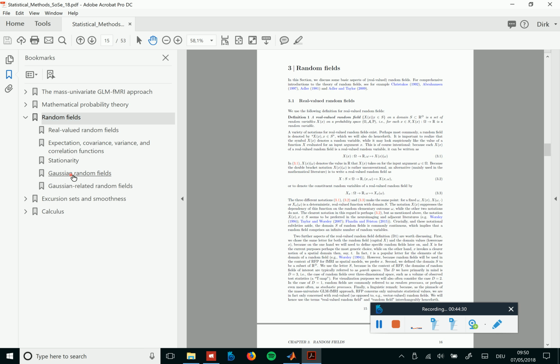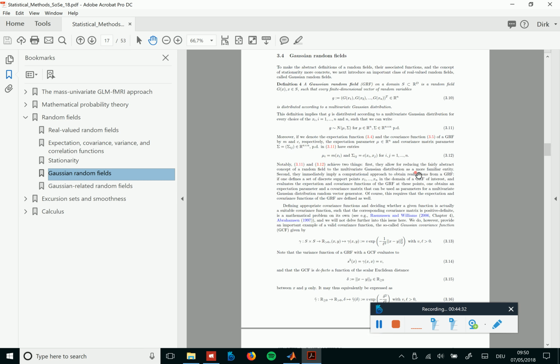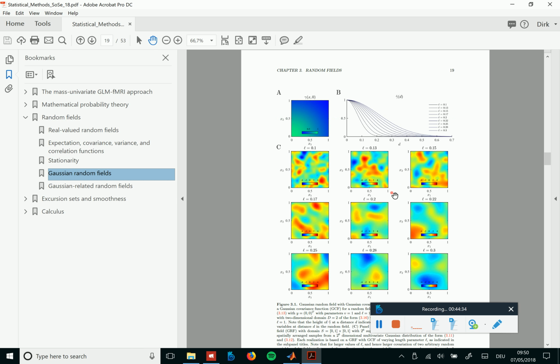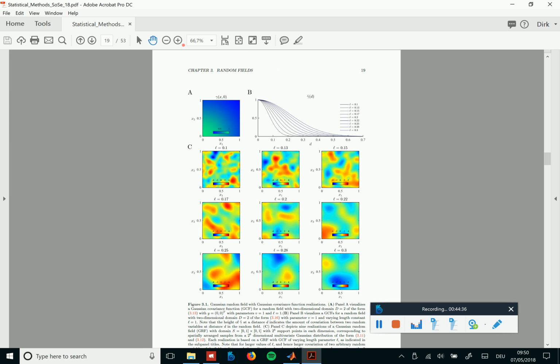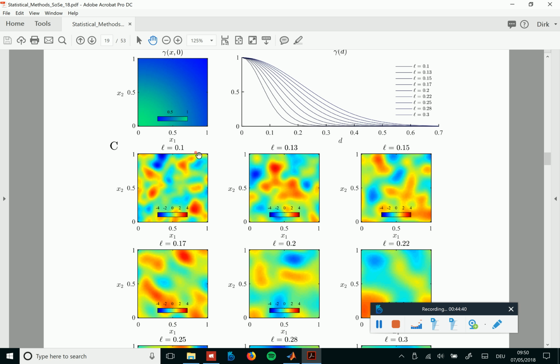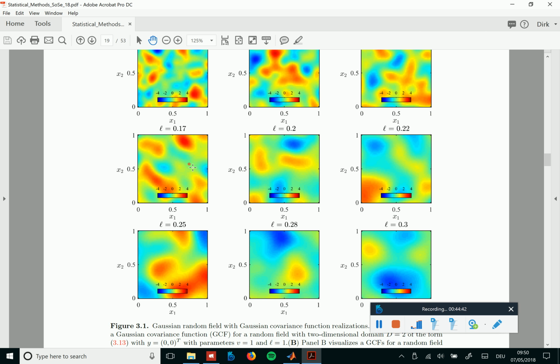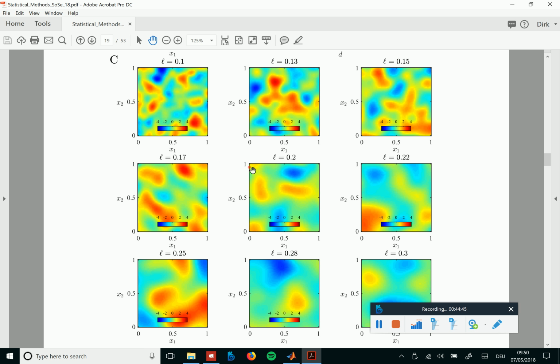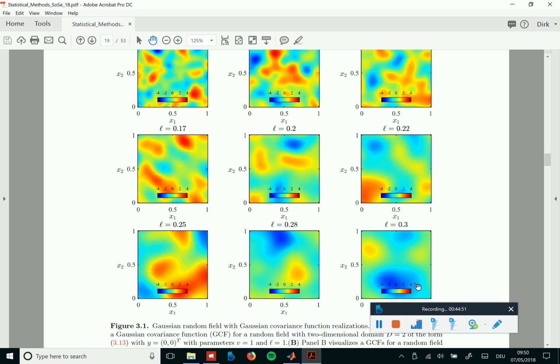Here I simulated Gaussian random fields with varying L parameters, and we've seen here, and also on a slide that we looked at today with the excursion set, that if we increase this L parameter, the whole thing gets smoother.